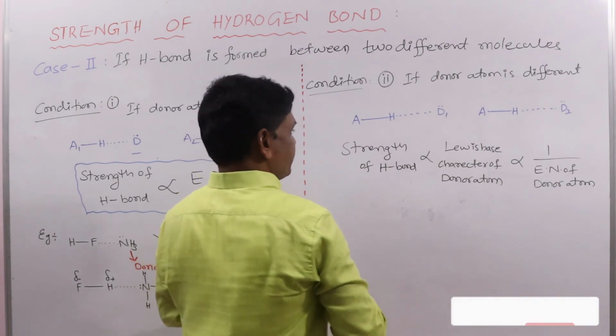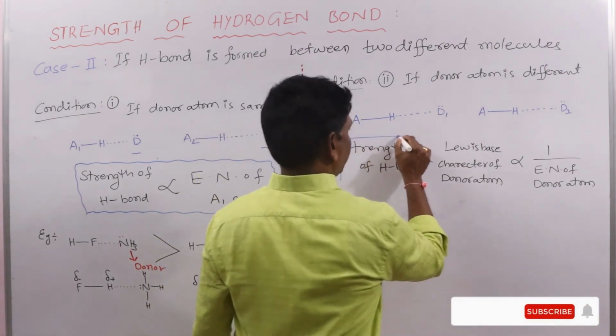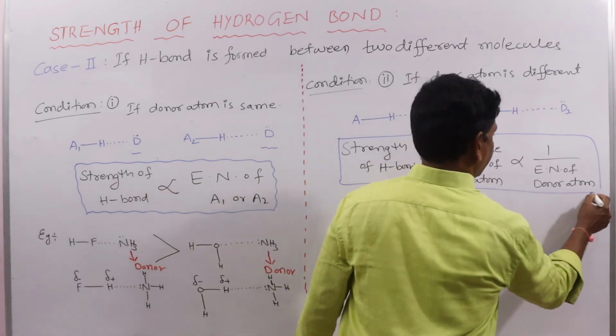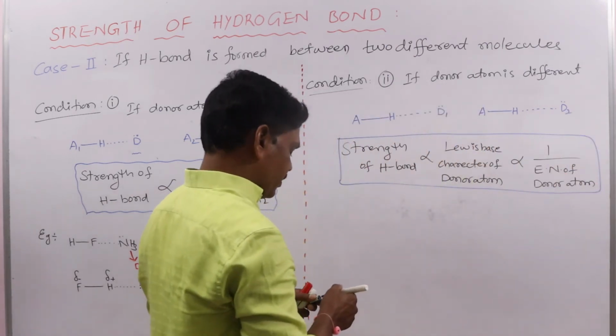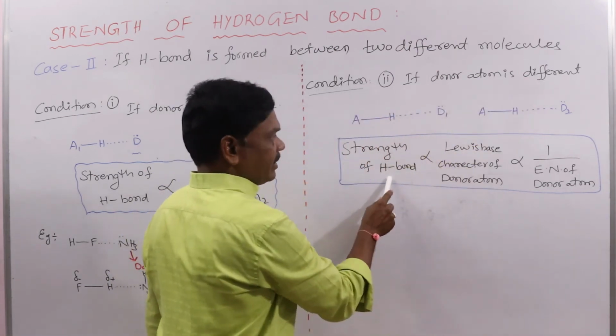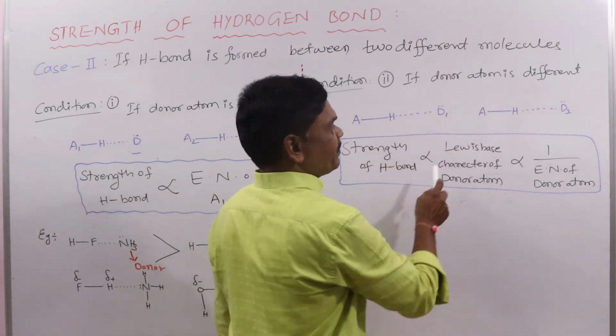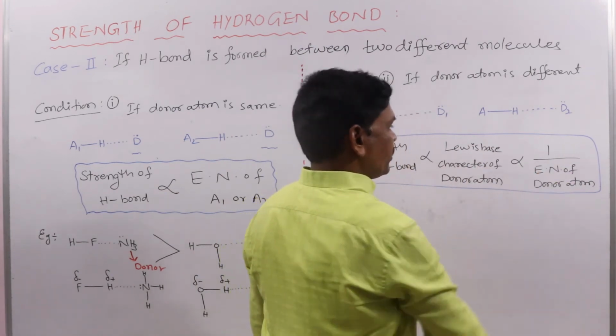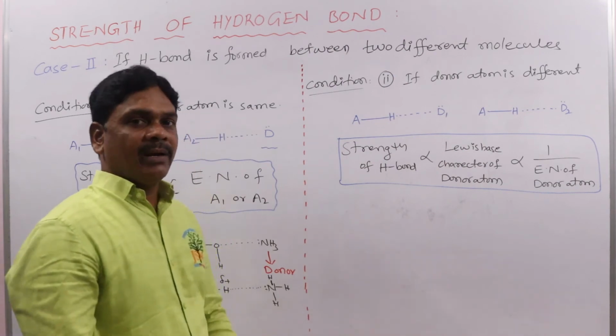Okay, so based on this we are calculating the strength of hydrogen bond. In condition 2, if donor atoms are different, the strength of hydrogen bond is directly proportional to the Lewis base character of the donor atom, or inversely proportional to the electronegativity of the donor atom.